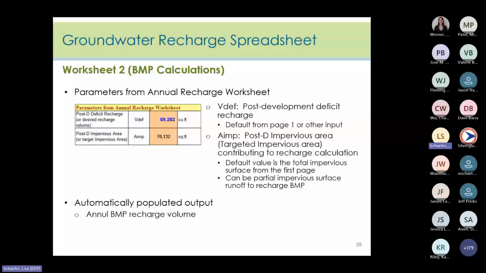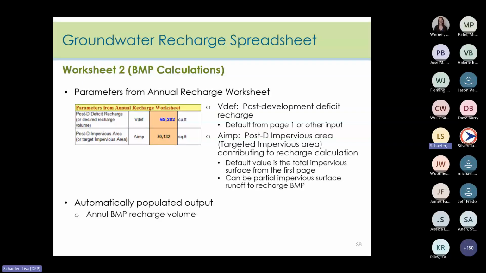For example, if you have 2 BMPs, then each BMP will be responsible for a portion of the annual deficit from the worksheet. When this happens, you'll need 2 workbooks so that you can split the annual recharge deficit between those 2 BMPs, and you're going to separately calculate the BMP recharge provided by each of those BMPs in the corresponding workbook.